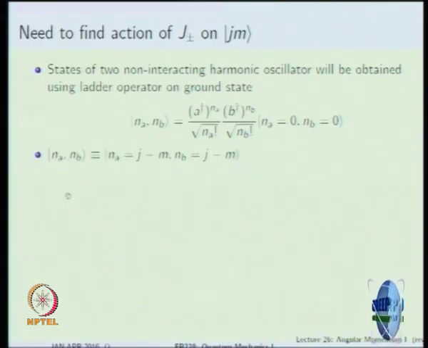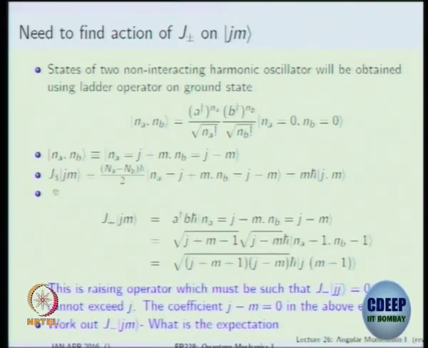Now we are going to use the fact that Na, Nb are connected with the angular momentum magnetic quantum number and the J quantum number like this. So, J3 on Jm is M h cross Jm. This is what I derived for you. Let's work out J plus on Jm.